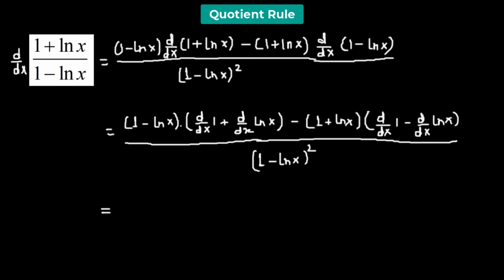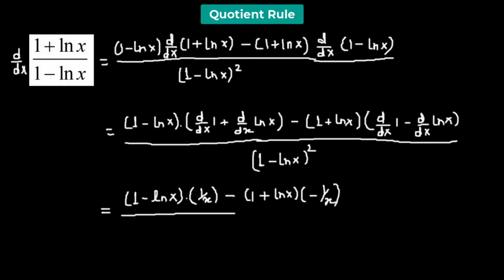So that is equal to 1 minus natural log of x multiplied to, so the derivative of 1 with respect to x is 0, and the derivative of the natural log with respect to x is 1 over x, minus 1 plus natural log of x times 0, derivative of 1 is 0, so we have negative the derivative of log of x, which is 1 over x, divided by 1 minus natural log of x whole squared.